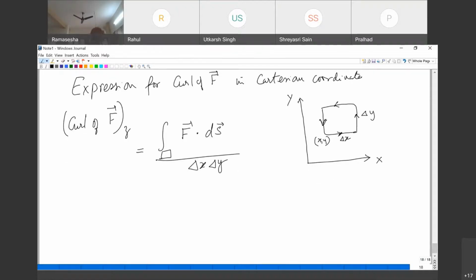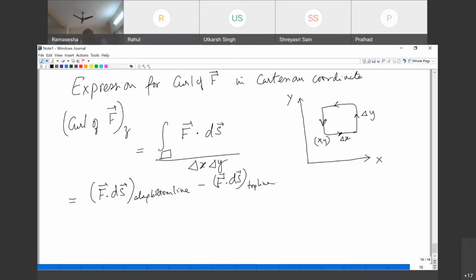Okay, so this is actually, what I can say is, F dot ds along the bottom line, minus F dot ds along the top line, because the top line is running opposite, isn't it?